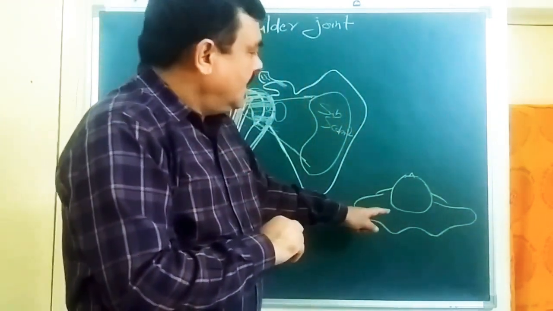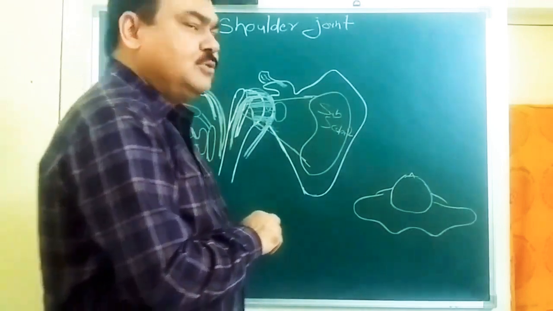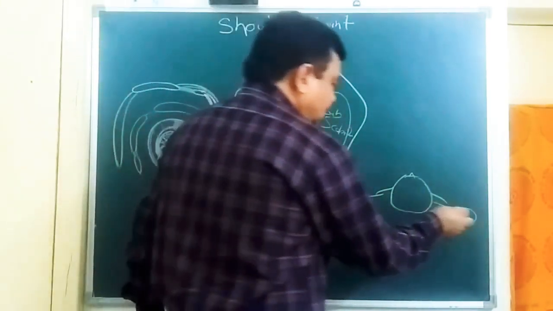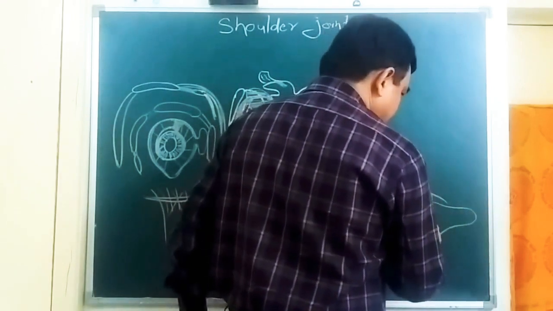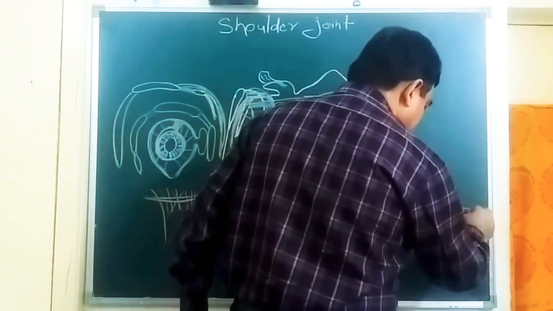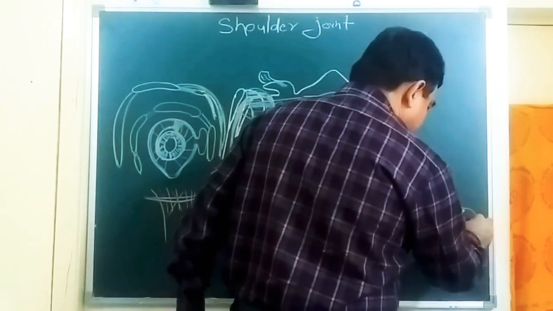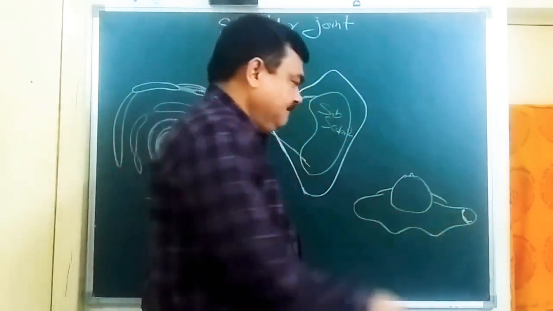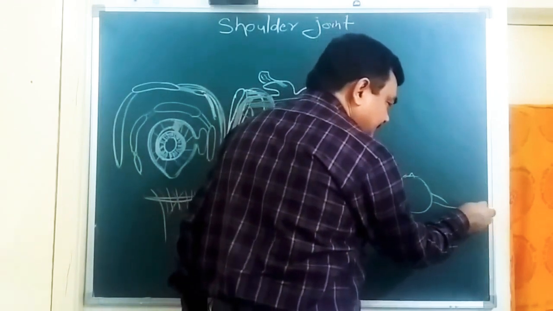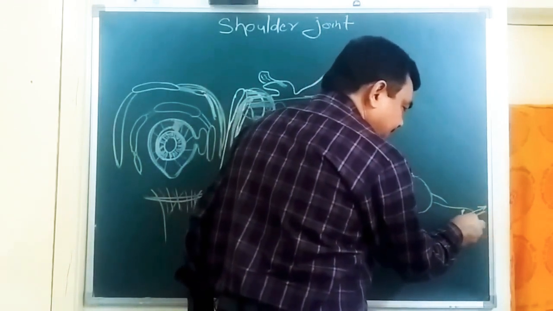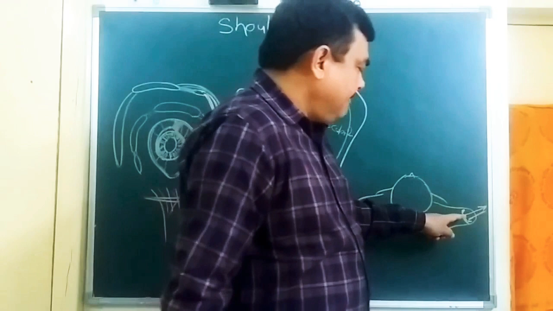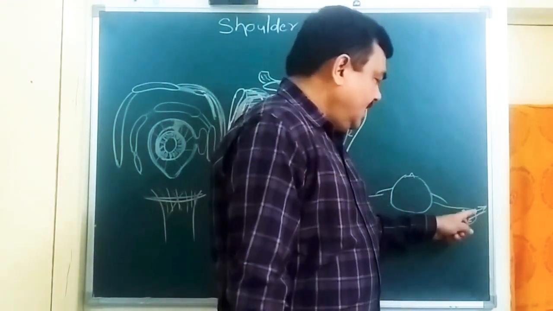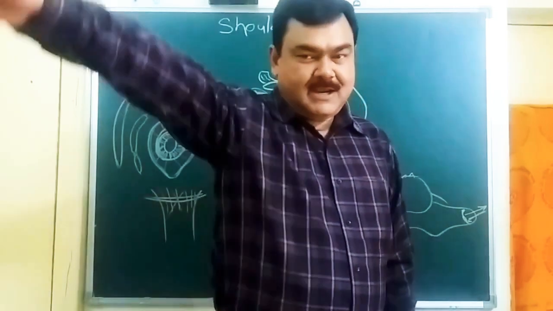This is the position you are seeing from above. Here is position of glenoid cavity. Direction of the glenoid cavity is anterolaterally, not exactly laterally. So adduction and abduction takes place in this direction, anterolateral side.